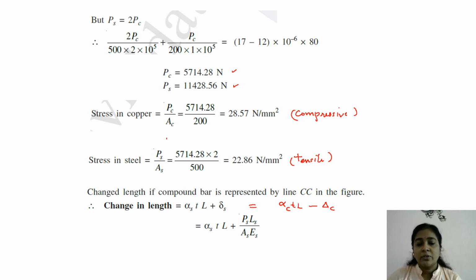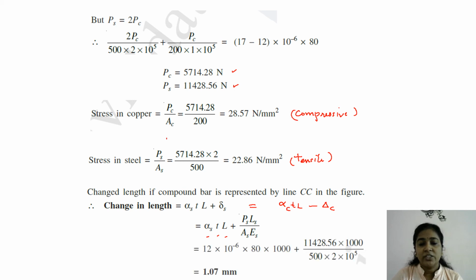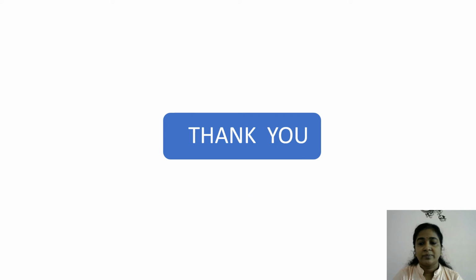You can substitute the value of the coefficient of thermal expansion of steel, the increase in temperature T, the initial length of the member L, as well as all the values we have obtained: Ps, the tensile force in steel, the length of steel, the area of cross section of steel, as well as the modulus of elasticity of steel. That will give the change in length of the member. Thank you.